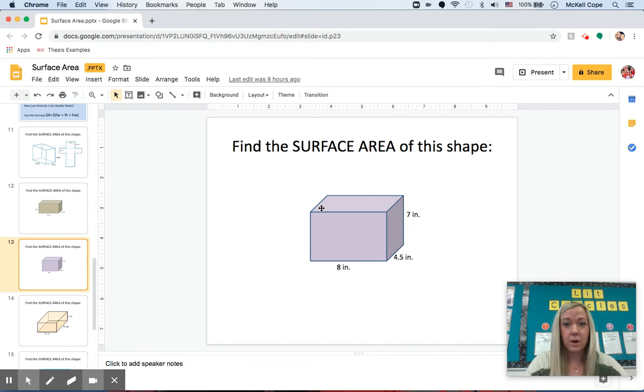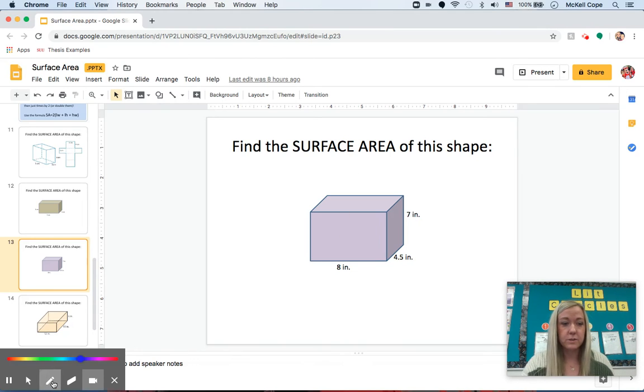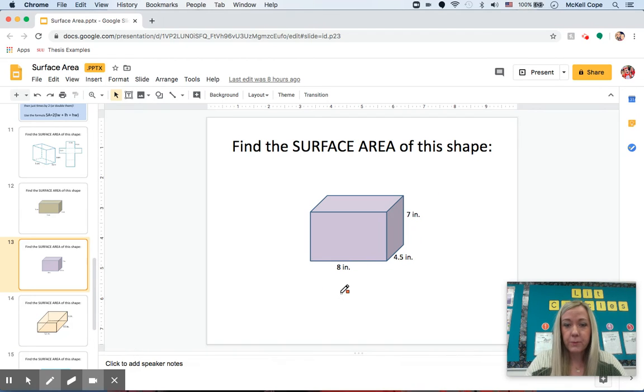Okay, so let's talk about what you found. I'm sorry, I forgot to put it in present mode. So let's look at what we can do here to solve this surface area. I'm going to list all three numbers in a row. So I have 8, 4.5, and 7.